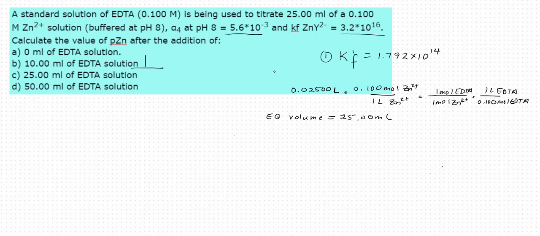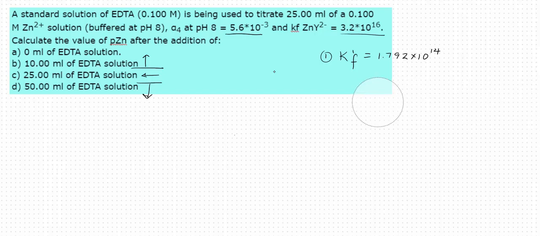So before the equivalence point, we have one set of rules, then at the equivalence point, then after the equivalence point. So knowing that, we are aiming for the pZn. So we're aiming for the negative log of the concentration of the zinc. Before the equivalence point, it is dependent on how much zinc is there.